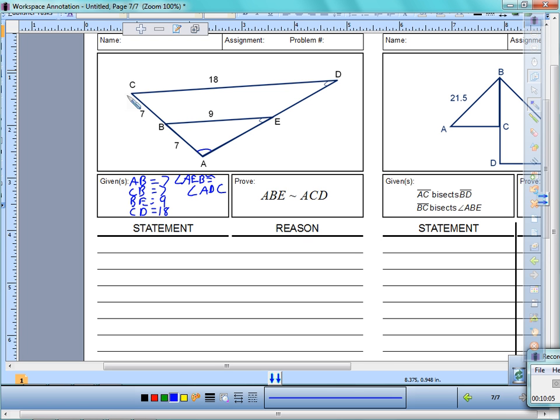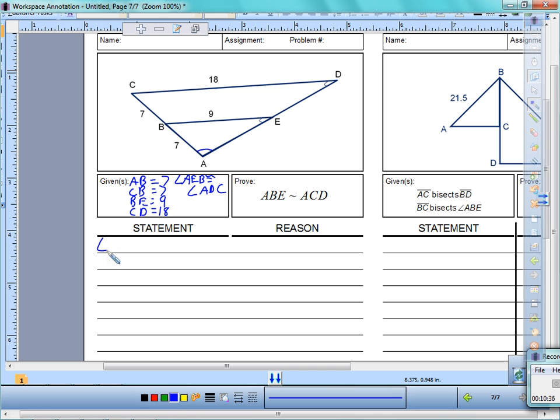But I do know, in fact, that this angle for this triangle and for this triangle are the same. So I've got this set of angles, this set of angles. There's my angle. So I have one of the angles written already here in my givens. I just need to do the next.